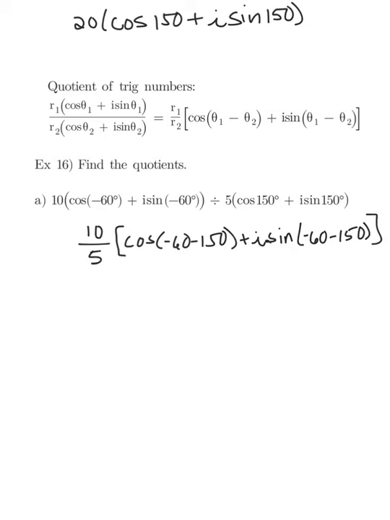So our quotient then is 2 times the cosine of negative 210. We're just putting parentheses around the negative 210 for readability purposes. Plus i sine of negative 210.